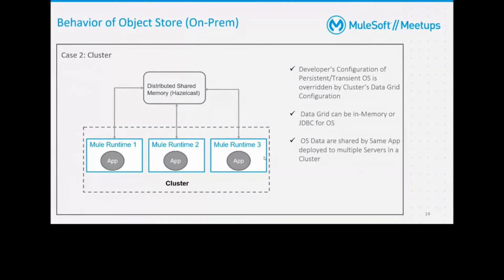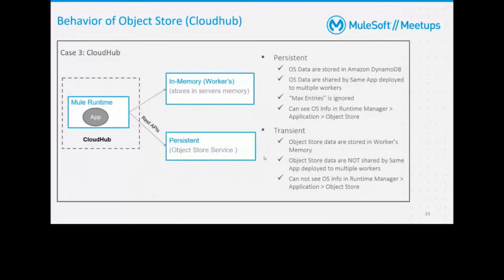Okay, go on to the next slide. So how it works on CloudHub. Whenever an object store is configured in an application and deployed onto CloudHub, again there are two ways. It can be in memory and persistent.